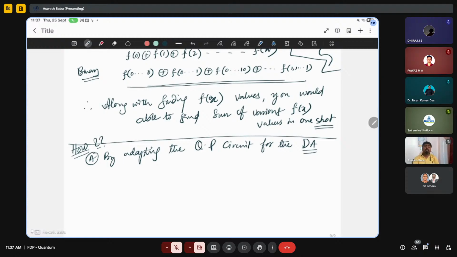For a simple case, we'll just take, for one of the cases, let's say I have two values. I want to find the sum of the function values, and also the individual function values. Okay, so that is what I want to do.